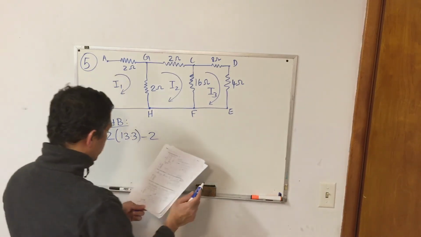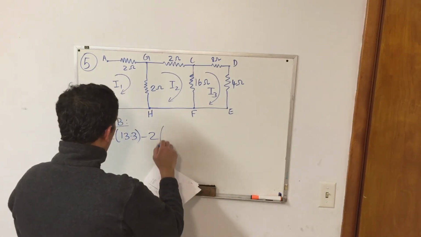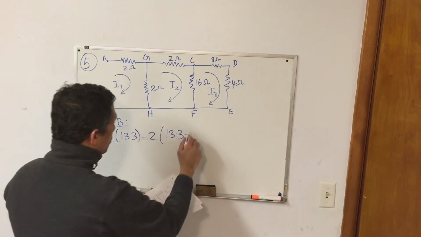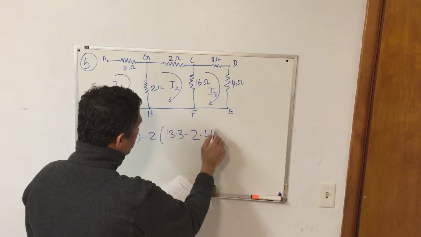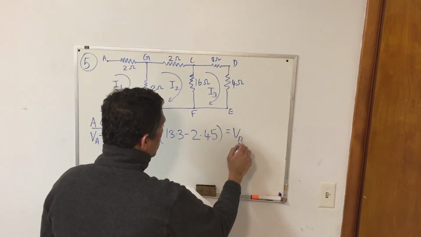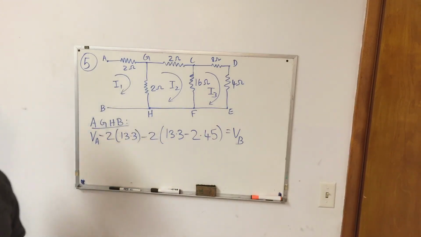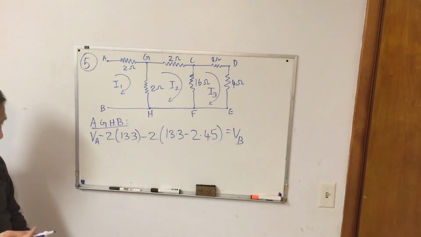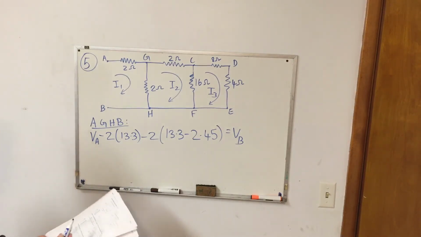So which is minus 2 times (13.3 minus 2.45) amperes, right? So this should be equal to my VB, because I start from A, I go through this, and then I end up at point B. So that should be the potential I should find.